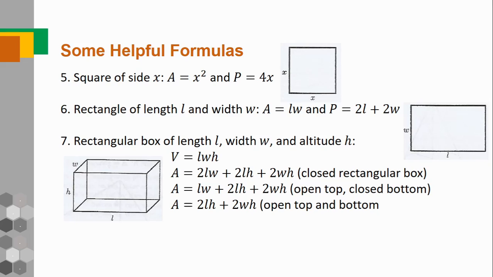And if this box has an open top but closed bottom, the total area of the sides equals LW plus 2LH plus 2WH. And if this box has an open top and open bottom, the total area of the sides equals 2LH plus 2WH.